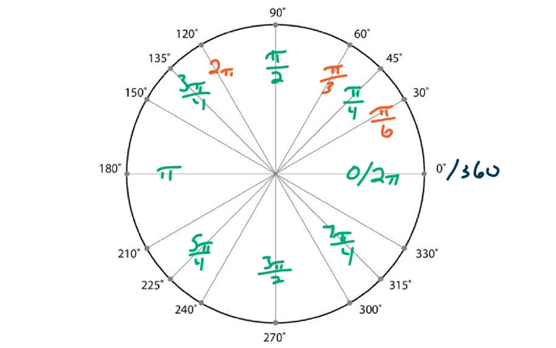So this will be 2 pi over 3 at 120 degrees. 5 pi over 6 would be next, and 5 over 6 doesn't simplify, so 150 is 5 pi over 6. If we go another pi over 6, that's 180 degrees. That's 6 pi over 6, which is 1 pi. Another 30 degrees would be 7 pi over 6.